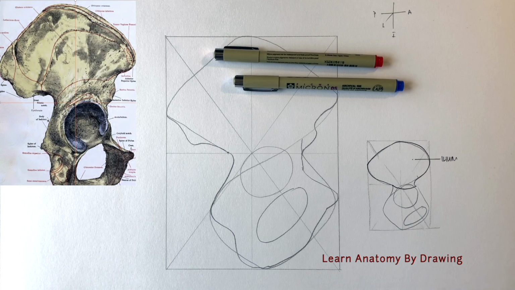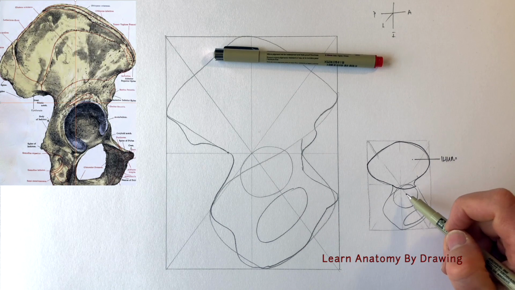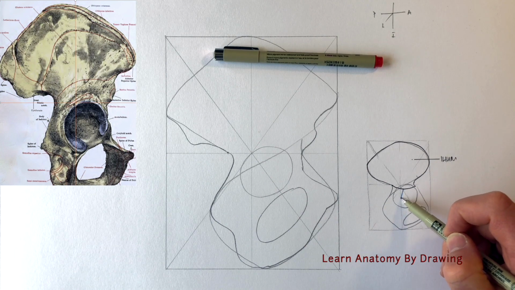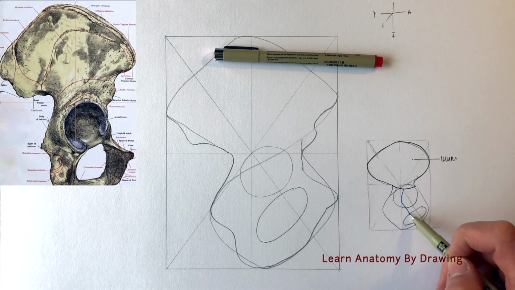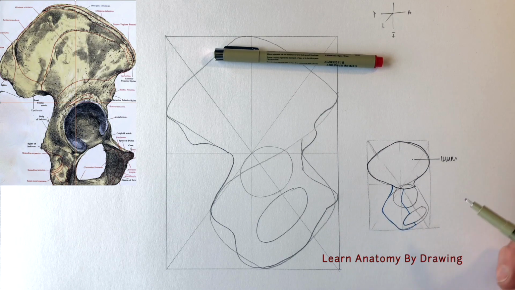Okay, and then my next colour comes through the acetabulum like this. And then just ink those parts in like that. And label that as the ischium.